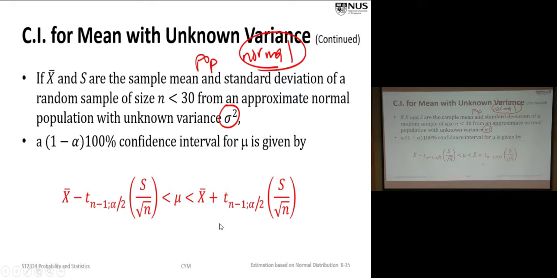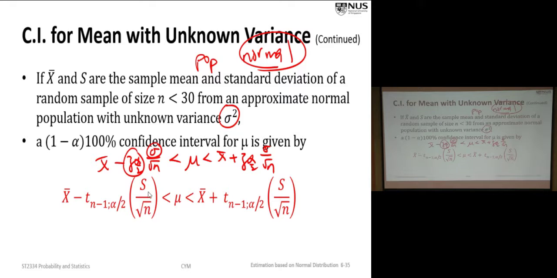All right? So the difference compared with the previous formula: this is the previous one, when sigma is known and the data follow a normal distribution. So you use the sigma, which is known, and you use the normal, because under that, the x bar follows a normal distribution.